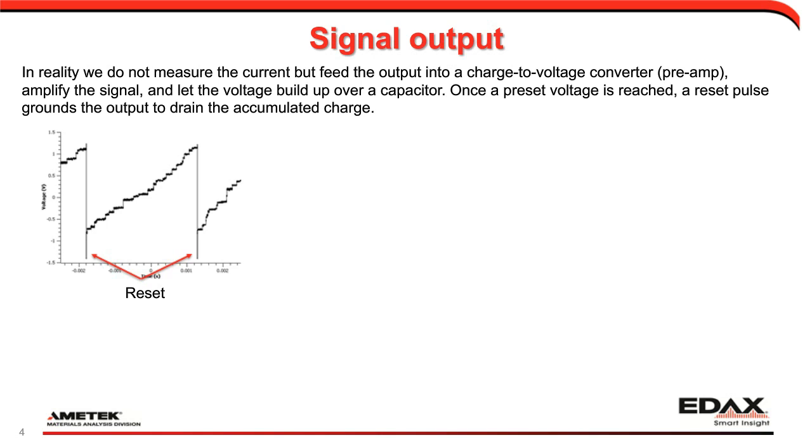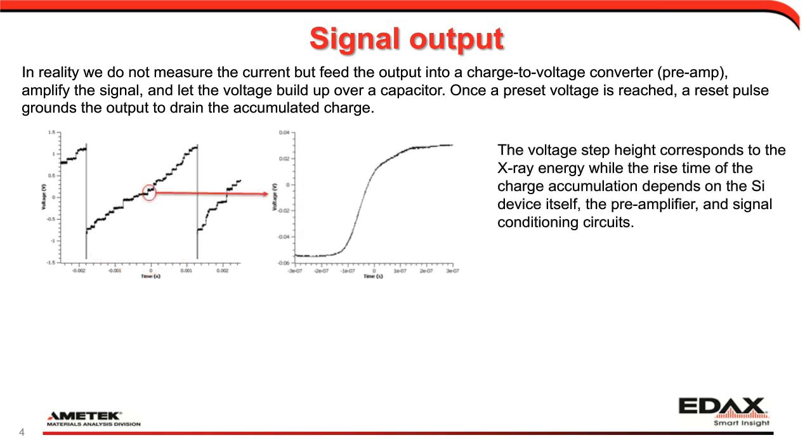And these steps we see in the output profile correspond to a single X-ray hitting the silicon chip and being swept into the anode. Since we have the current converted to a voltage, the step height of the voltage corresponds to the X-ray energy.